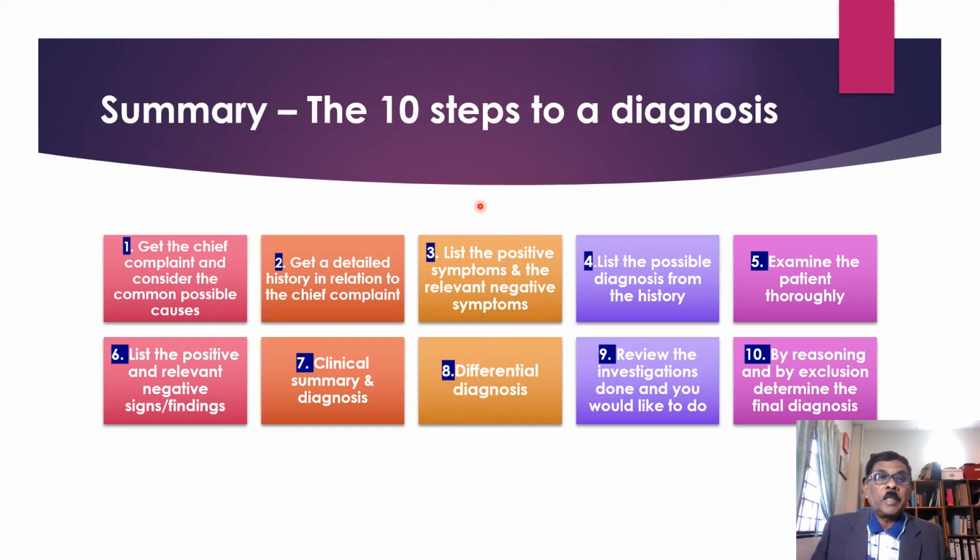Then this is the summary of the 10 steps to a diagnosis. Get the chief complaint, consider the common possible causes, get a detailed history in relation to the chief complaint, list the possible symptoms and the relevant negative symptoms, list the possible diagnosis from the history, then examine the patient thoroughly and list the possible positive and relevant negative signs.